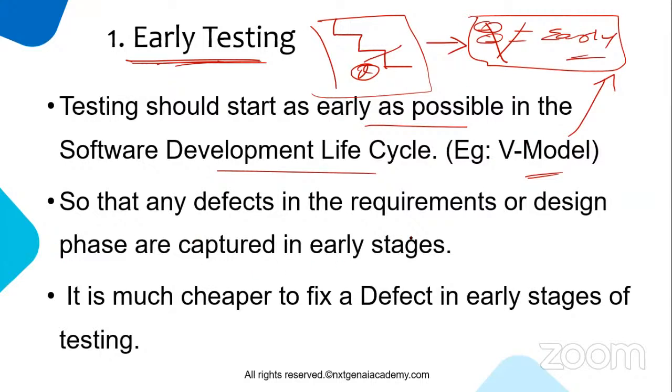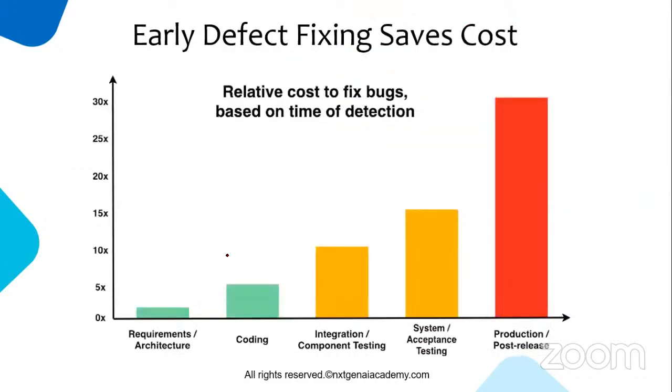Because of this, defects in the requirement or design phase can be captured very easily. And we already know it is much cheaper to fix a defect in the early stages.